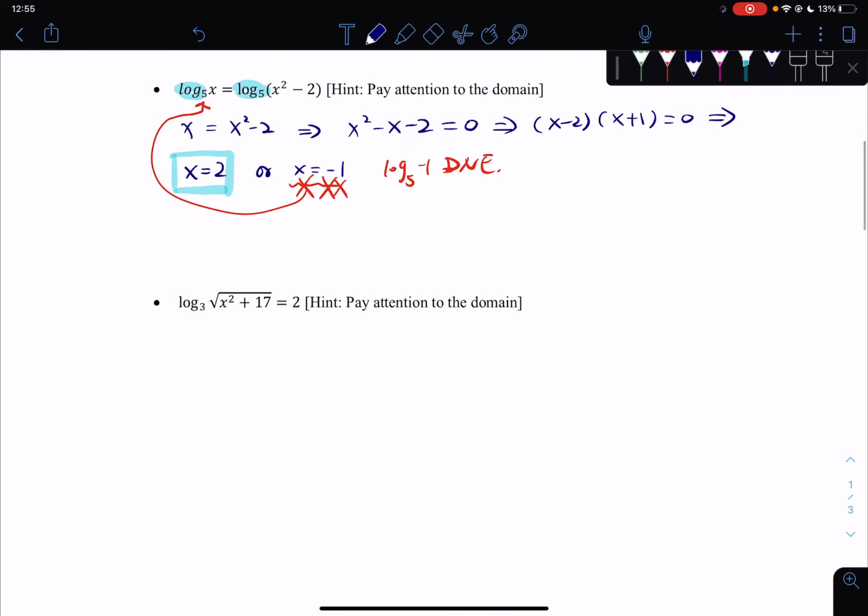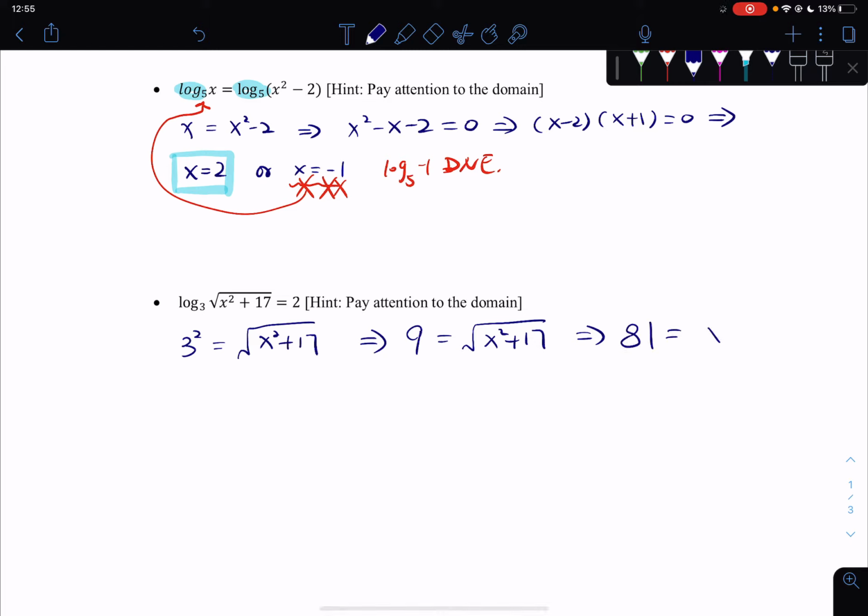Okay, so the next one we have is a single log structure. If you have a single log structure, you can convert back and forth between exponential and logarithmic structure. So 9 is the square root of x squared plus 17. Therefore, you can square both sides to cancel out the square root. So you have 81 is x squared plus 17. Essentially, what you did is square both sides, so the square root and square cancel out.